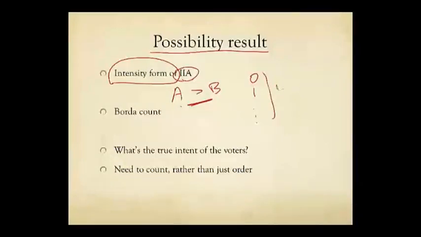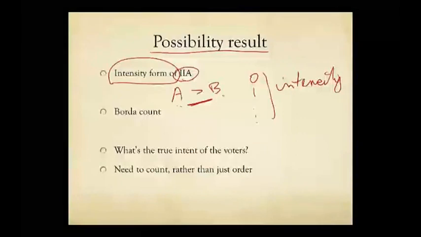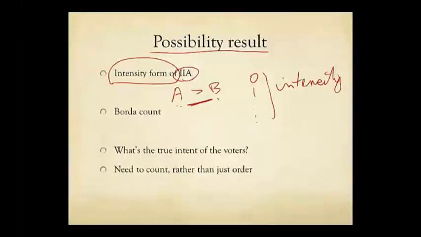We call that number the intensity of A better than B. Then, if we replace IIA by the so-called IIIA, 3 I's, that says that the ranking of a pair of candidates depends only on their relative position and the intensity value. It turns out that suffices to lead us to a possibility result.